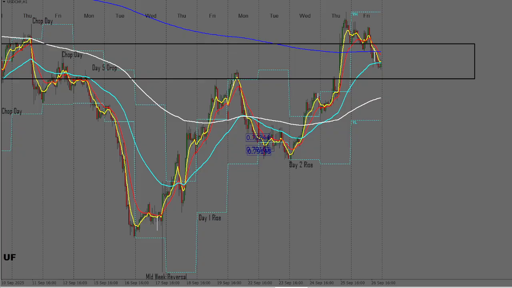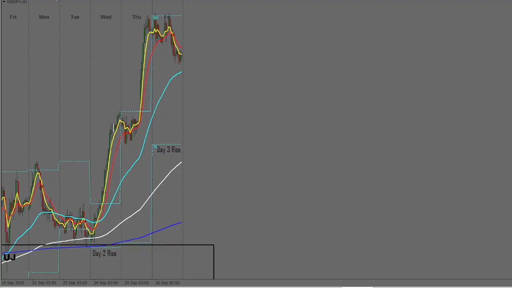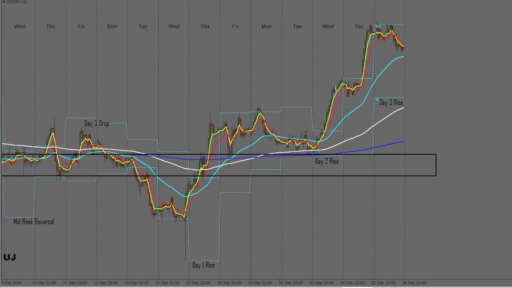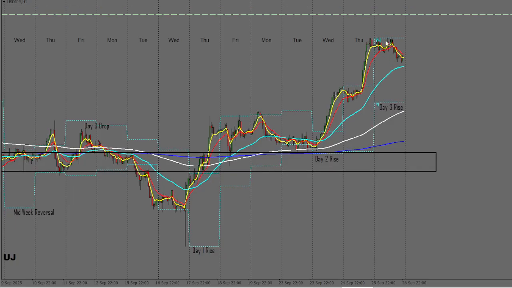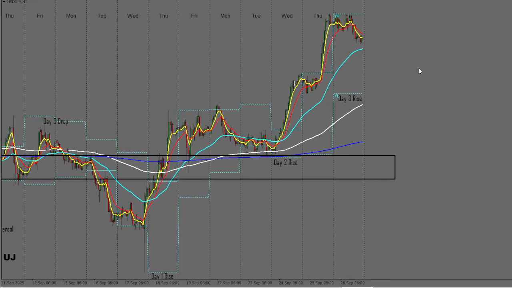Then after that, we're going to go on USD JPY, which is basically also the same thing. As you can see, day one rise, opening, day two rise, okay, and then day three rise. After that, 3 days up, okay, then you need to expect the reversal to come down. All right, very, very important.